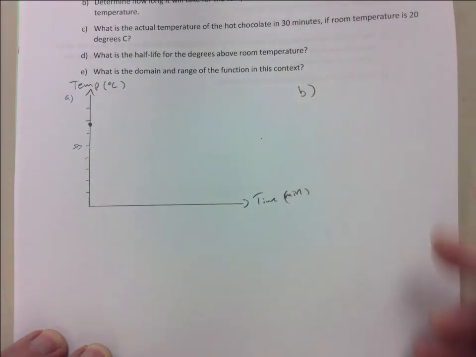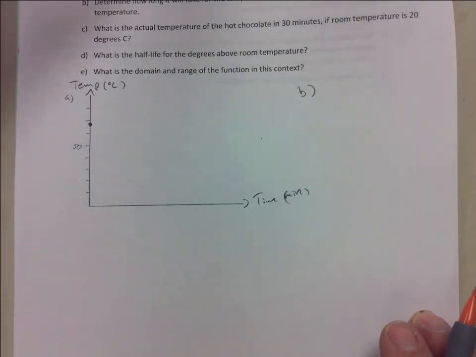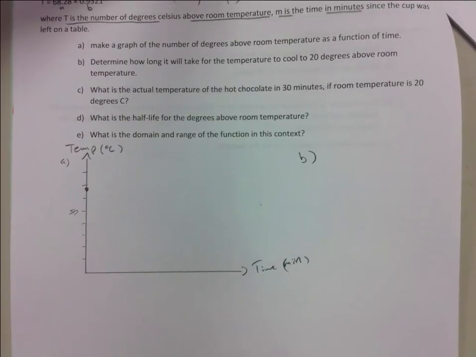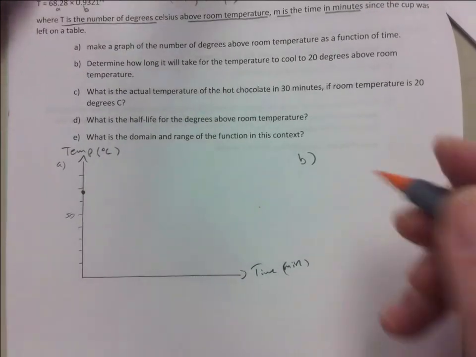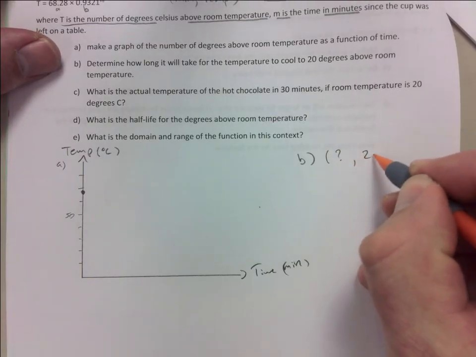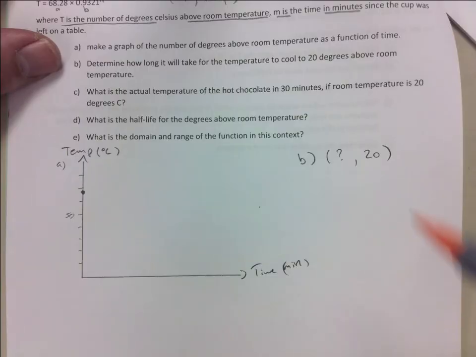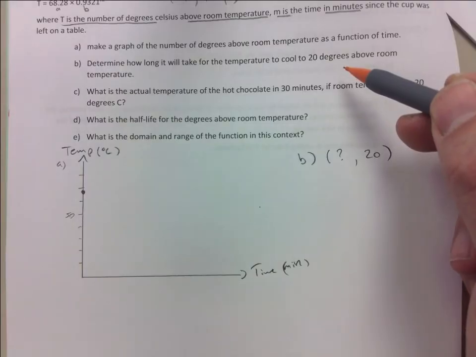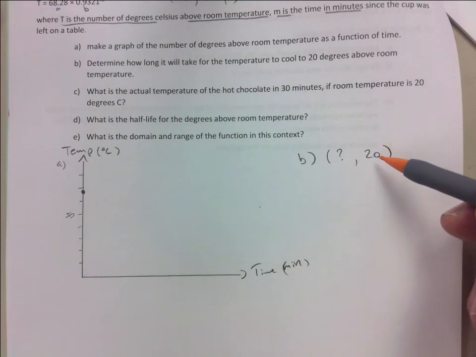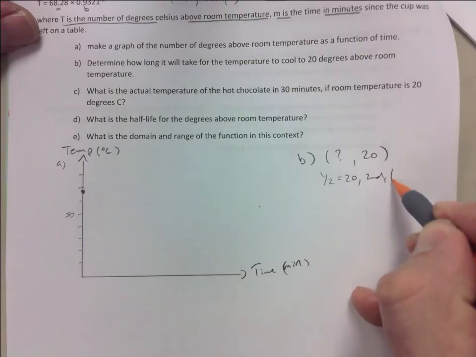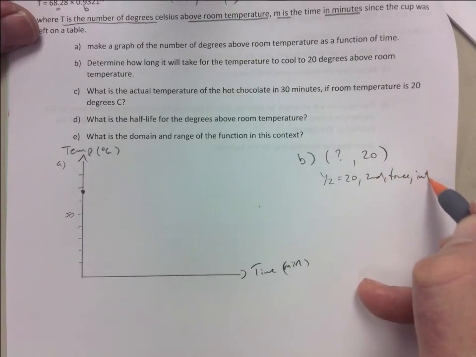B, determine how long it will take for the temperature to cool to 20 degrees above the room temperature. Okay, so it's asking how long when I'm 20 degrees above, and it matches the wording, right? It's not just saying when is it going to be 20 degrees, it's saying 20 degrees above room temperature, so we can confidently say this is 20. Y2 is 20, second, trace, intersect.